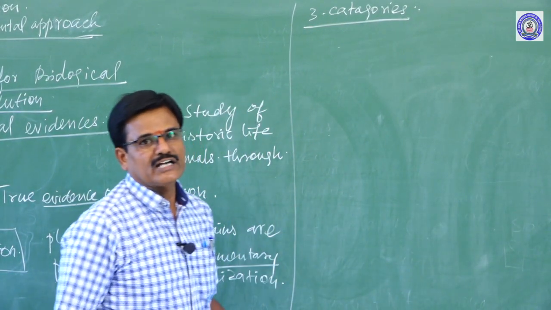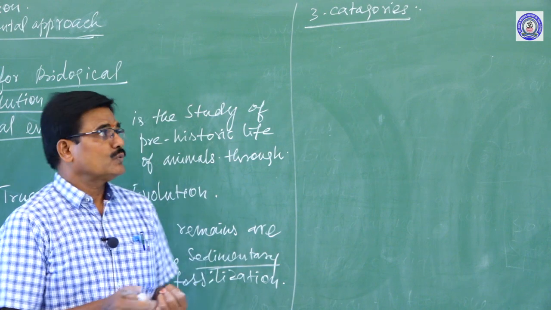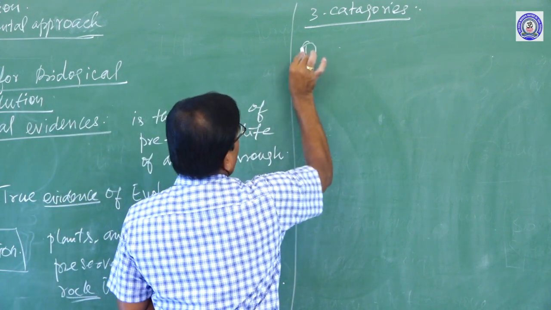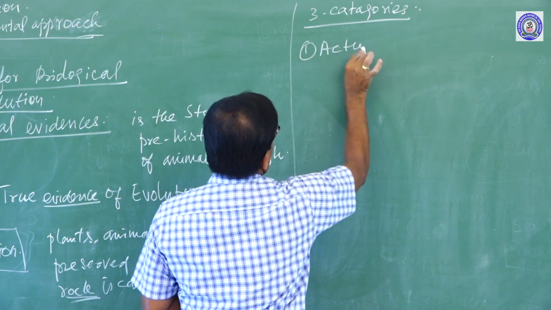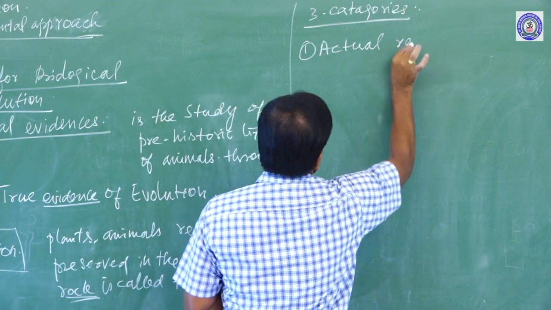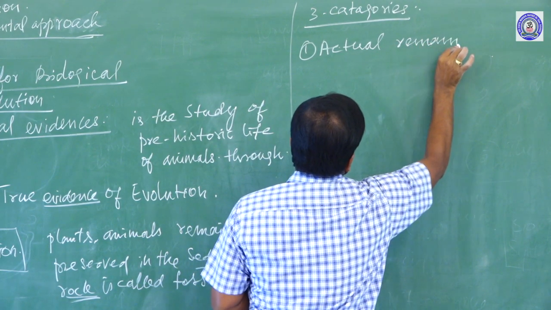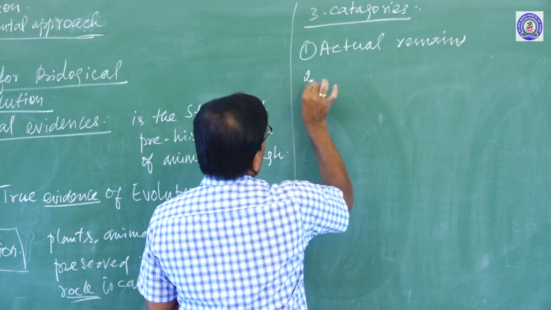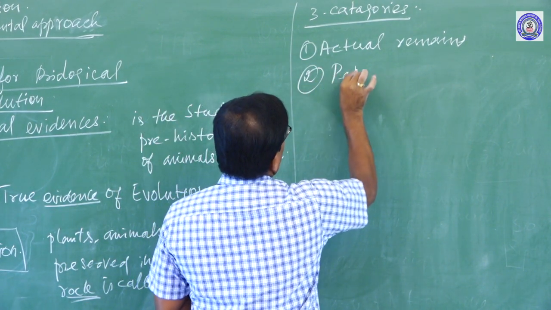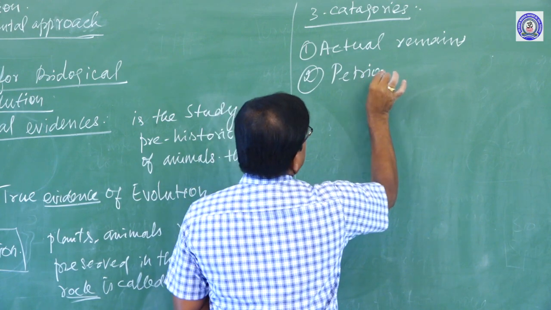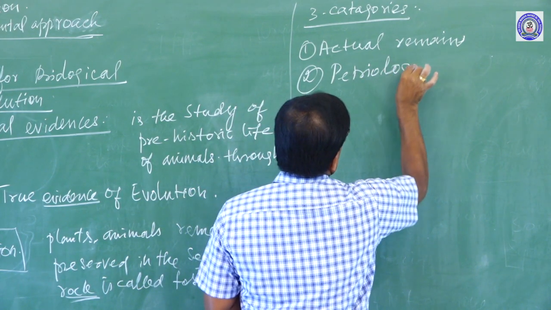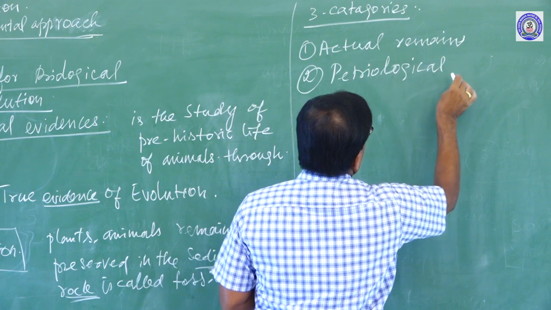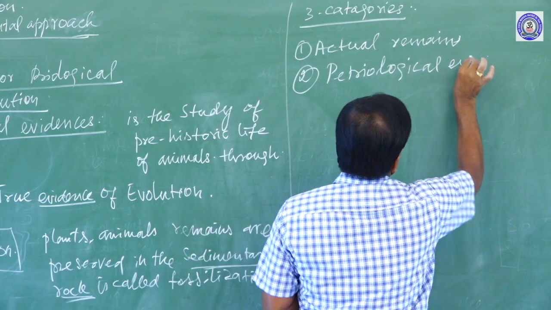What are they? Actual remains. First one, actual remains. Second one is petrological evidence.